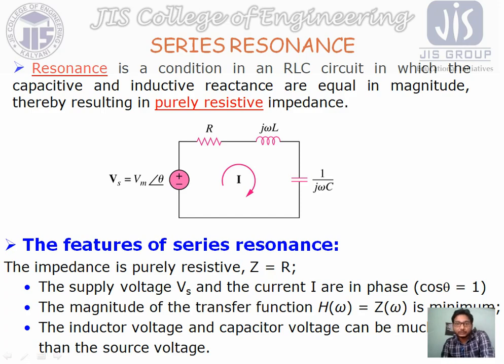Okay, so it's a simple series RLC circuit, where R is resistance, L is inductance, and C is capacitance. For simplification of the circuit, we have to consider all the components in terms of ohms.